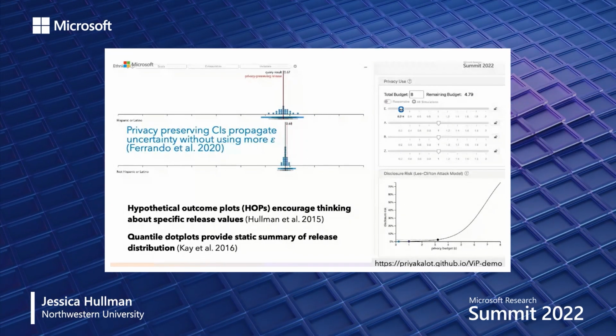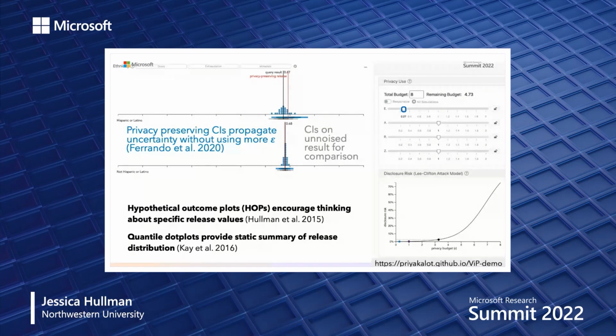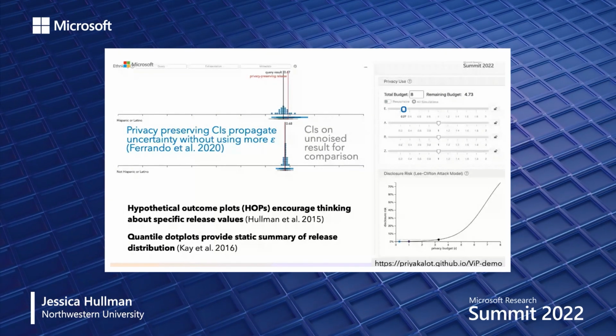Two confidence intervals are also shown. First, the colored interval shows 50%, 80%, and 95% binomial confidence intervals using a privacy-preserving confidence interval construction method by Ferrando et al. This method uses a bootstrap approach, but one that does not require additional privacy budget since the intervals are calculated as a post-processing step. We also show gray 50%, 80%, and 95% confidence intervals on the unnoised query results.